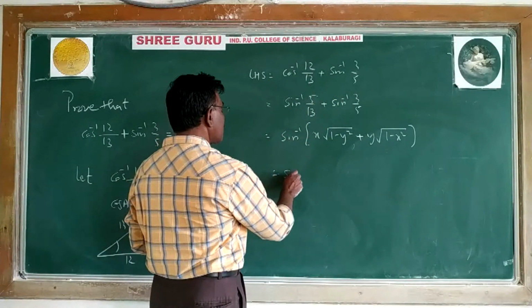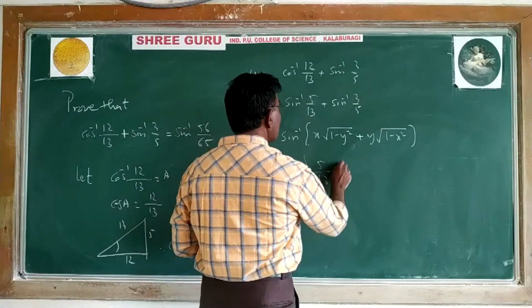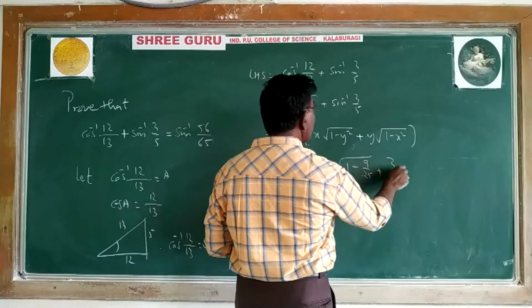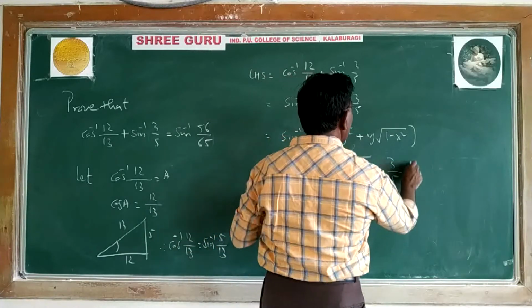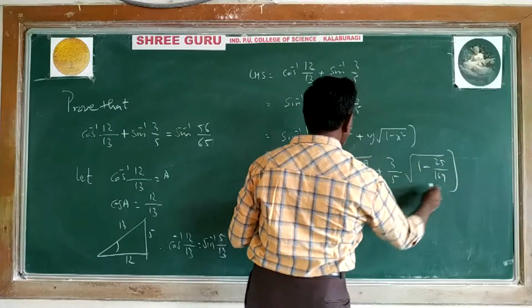Substituting sin inverse of what is x? 5 by 13 into root 1 minus 9 by 25 plus 3 by 5. This y is 3 by 5. Under root of 1 minus 25 by 169.